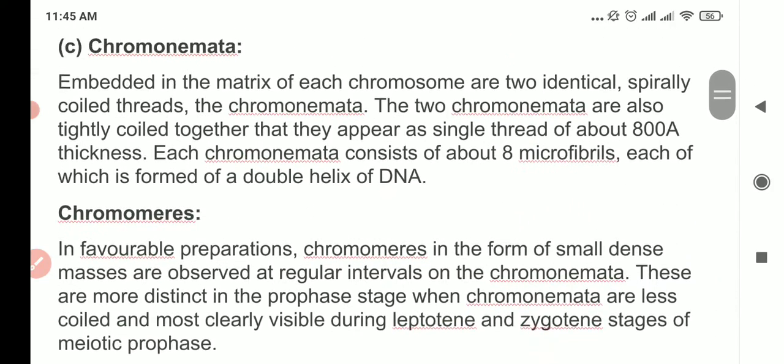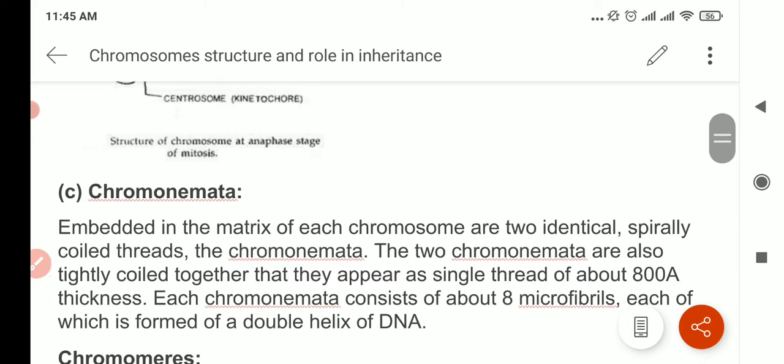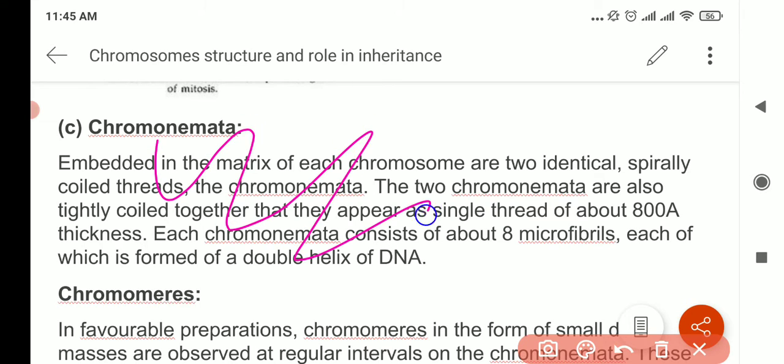What is the chromanemata? Inside the matrix. Remember, first we had the pellicle, then we have the matrix. So inside the matrix are two identical spirally coiled threads. Just like you used to draw the DNA in school, like this, a spirally coiled thread, a chromanemata.